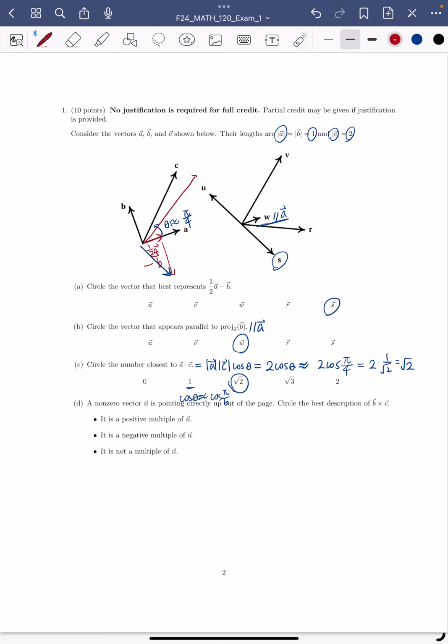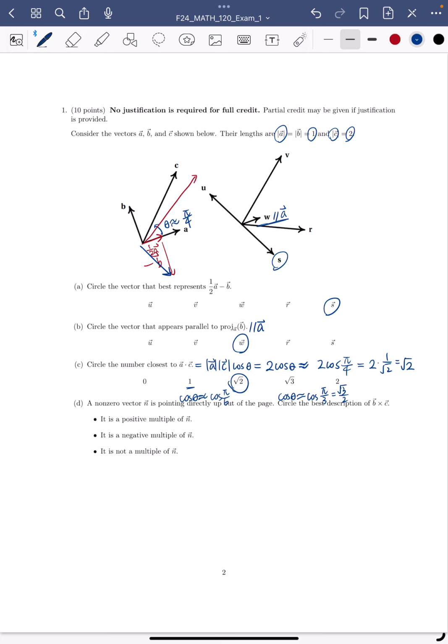So it's like this. And for the case of square root of 3, your cosine theta is approximately cosine pi over 3. Okay. I don't think this is the case.